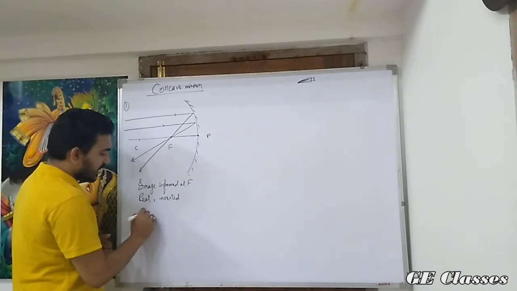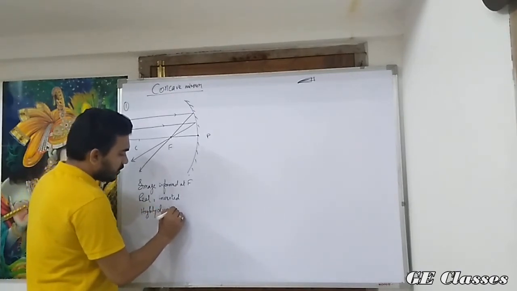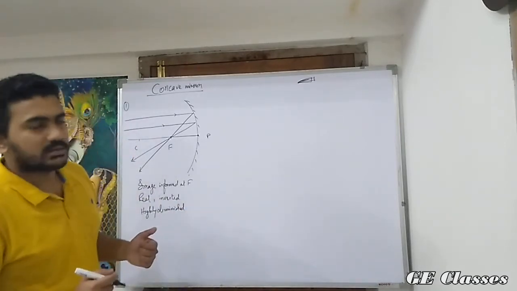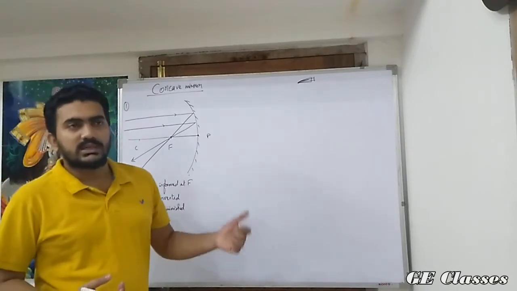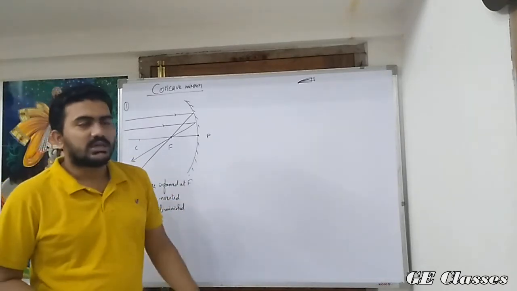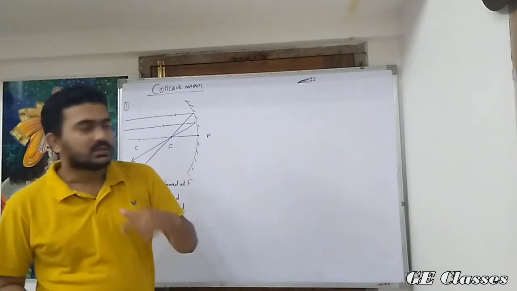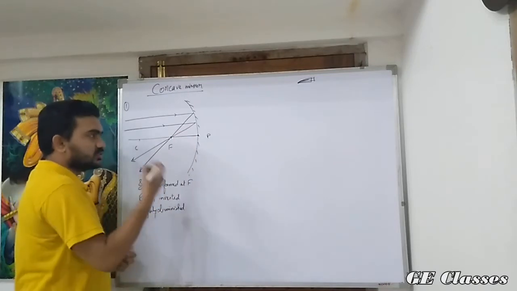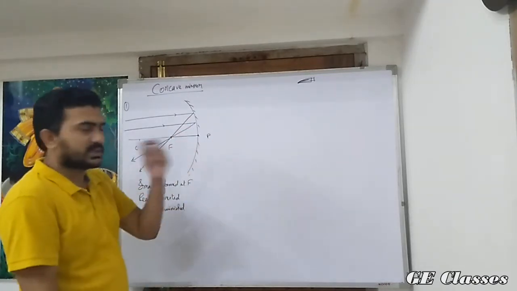It's called highly diminished, or we also call it a point image. It's evident that whenever we see an object at a very far distance, even a 7-foot tall person seems to be this small. So this becomes highly diminished. This is the reason why we see such small objects, which are actually bigger objects, at this place.